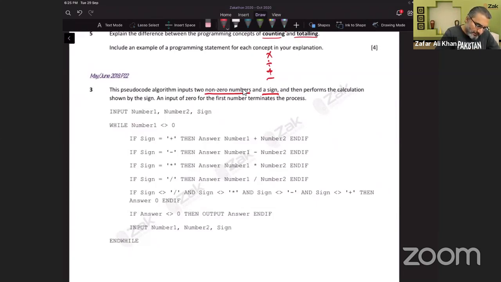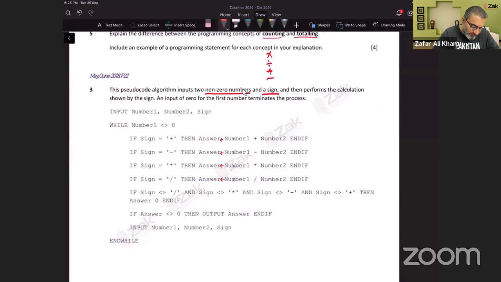Input number 1, number 2, sign. While number 1 is not equal to 0, if sign is plus, then answer is equal to number 1 plus number 2, and if sign is minus, then answer is equal to number 1 minus number 2, and if sign is multiply, same.